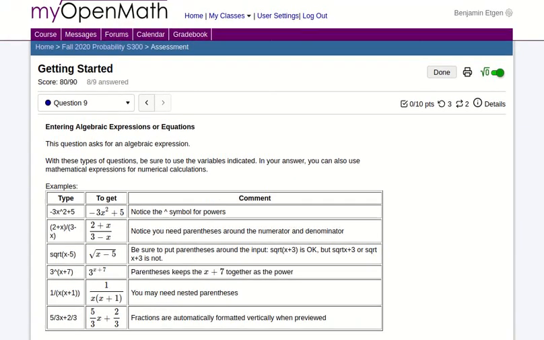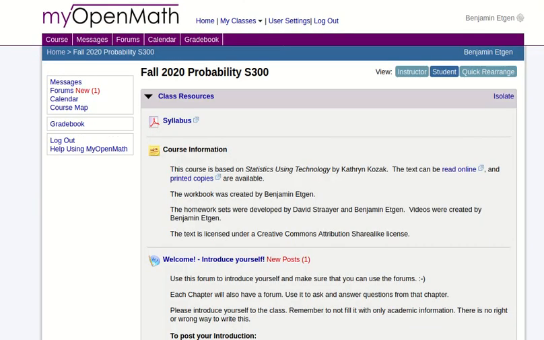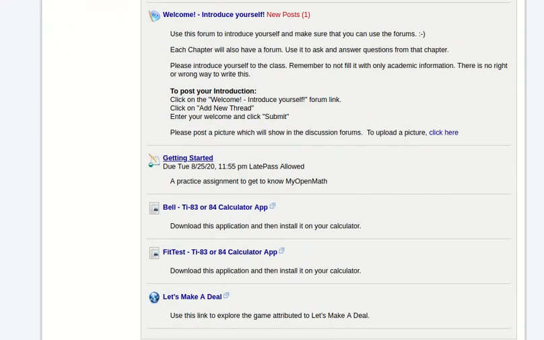Let's see more of what's going on in My Open Math. So I'm going to click on the course up here. There's the syllabus, the course information, the welcome form, the getting started assignment. Below that is the first of our calculator applications. Here's Bell. So you click on that, it'll download. It's a file.